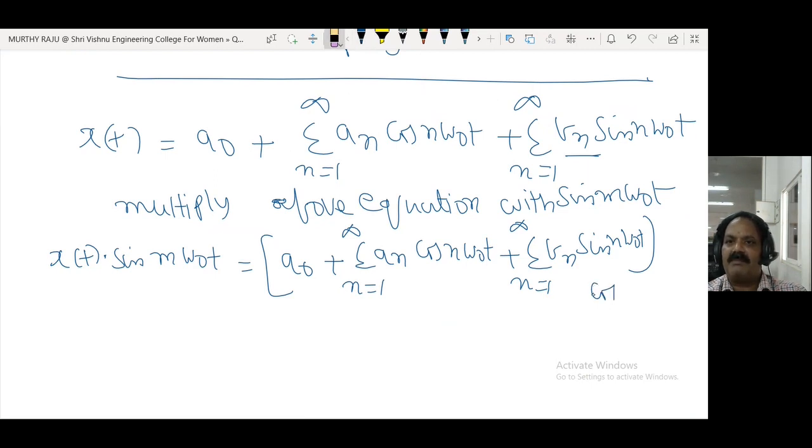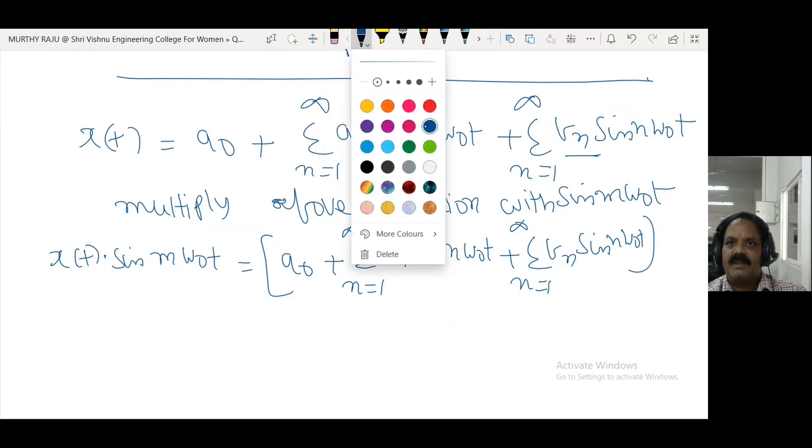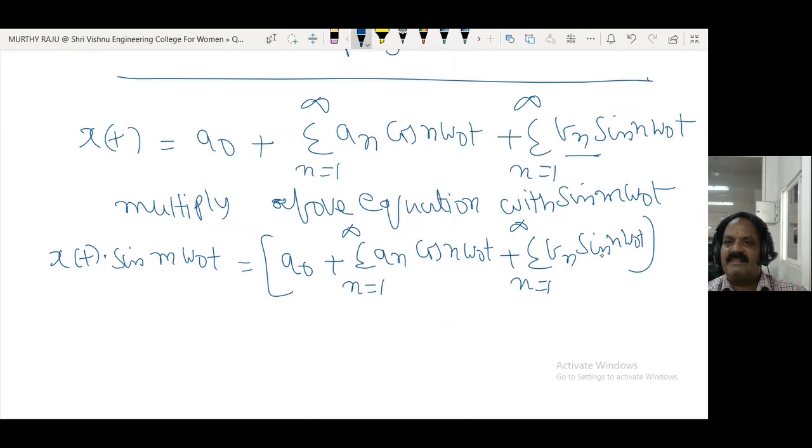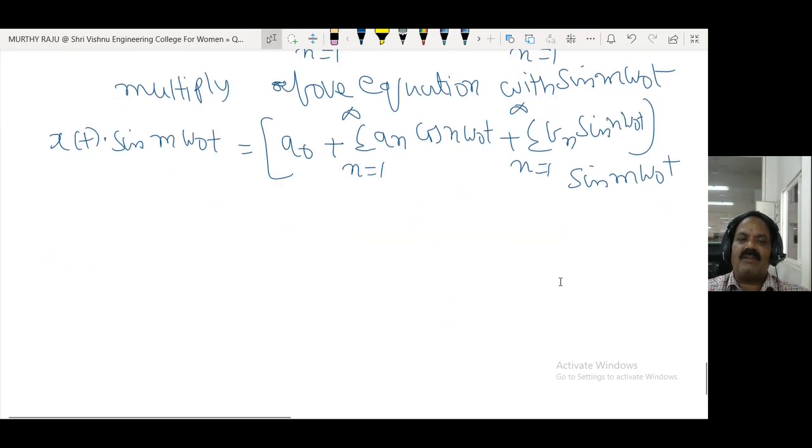Here the multiplying term is sin m omega naught t. Again, integrate the above equation over the interval from small t0 to small t0 plus capital T0.